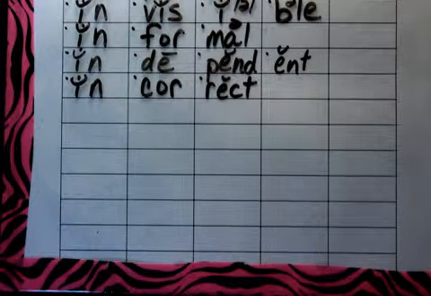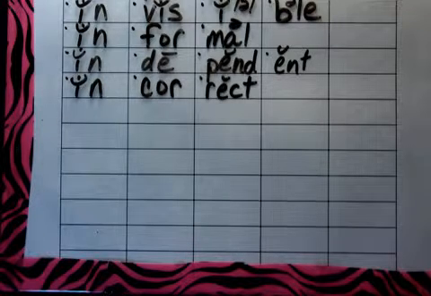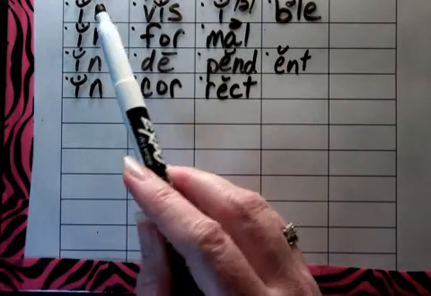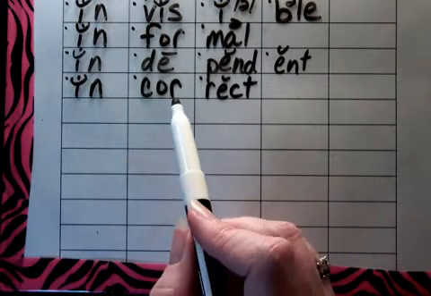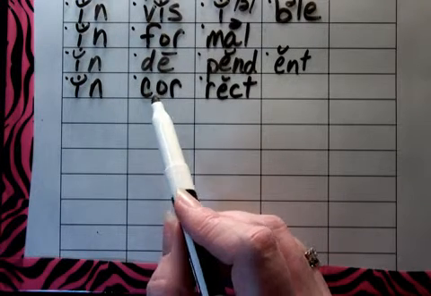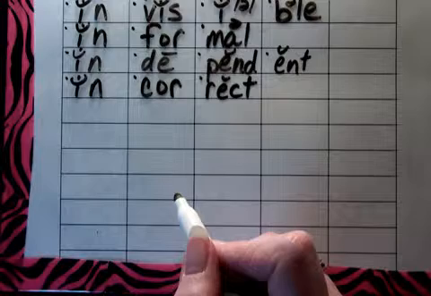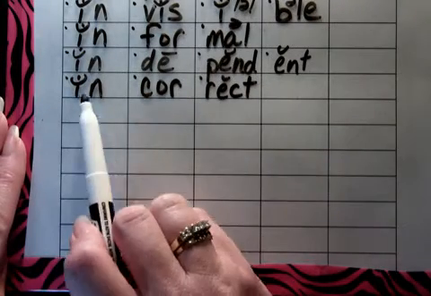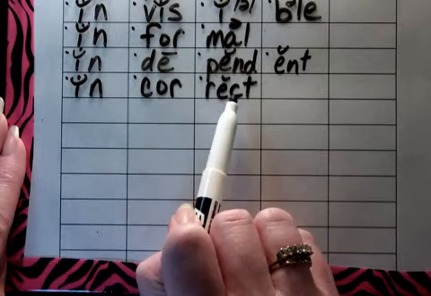Incorrect. That's why there's 2 R's in the middle. Remember, we're doubling a lot of these letters, consonants, and it's to protect or control the vowel that goes in front of it. Incorrect. Closed syllable, R-controlled vowel, closed syllable.